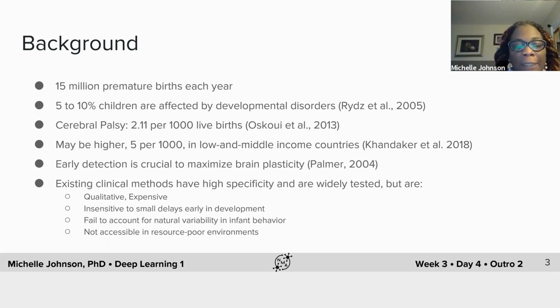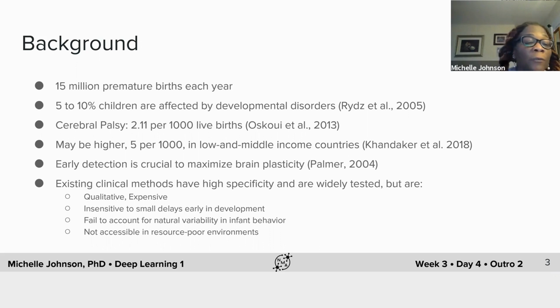Cerebral palsy essentially results from some type of brain infarct or brain interruption during the infant birthing process and can occur up to about 2 years old. In low and middle income countries, the prevalence is projected to be higher and almost double.